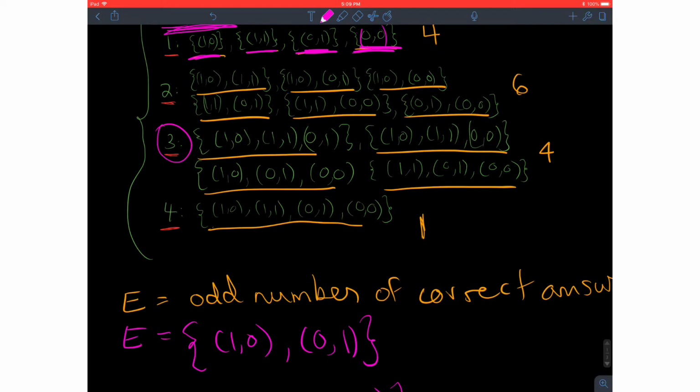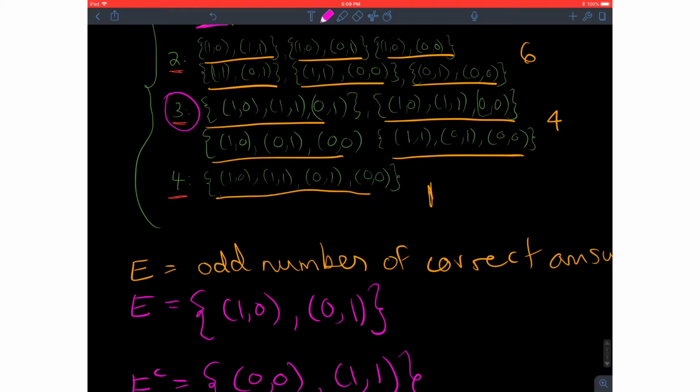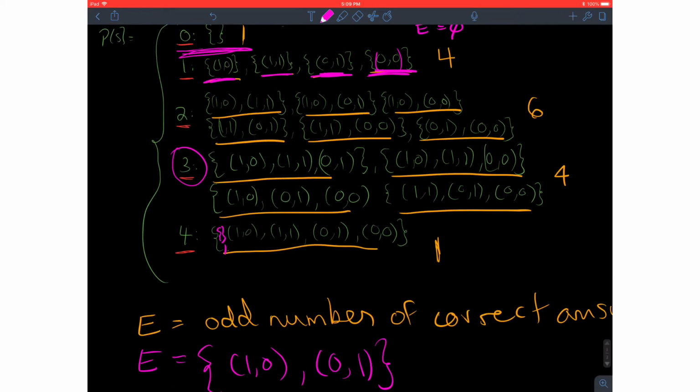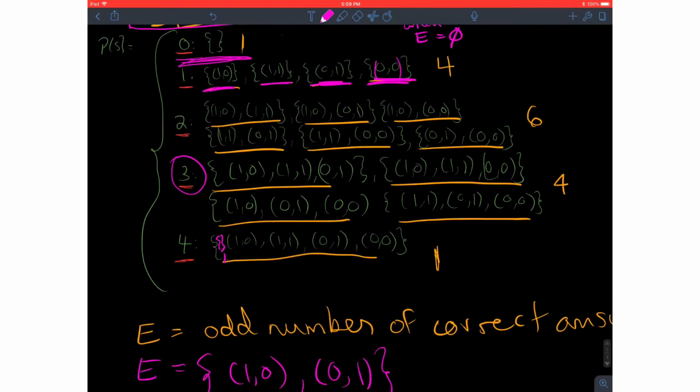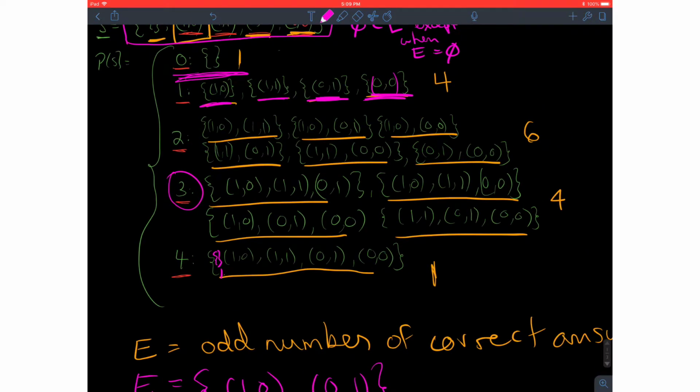Any other sets will either have duplicates, or I've listed them all. That's the power set. And with 4, we only have 1 of them. There are 4 outcomes, but the set has 5 members because the empty set is a member of it. So in essence, you get 1, 4, 6, 4, 1.